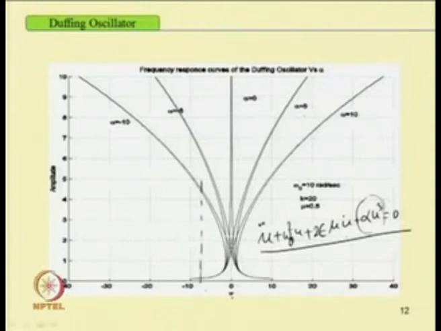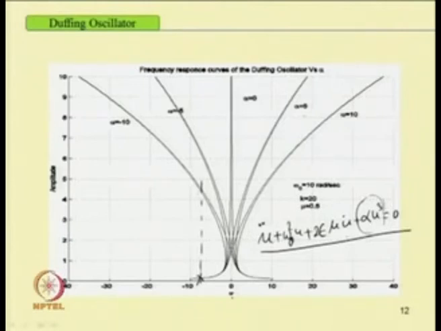What we have observed is that this is one solution, this is the second solution and this is the third solution. Unlike in case of the linear system, where for each and every frequency we have a single value of amplitude, in this case we have multiple solutions.